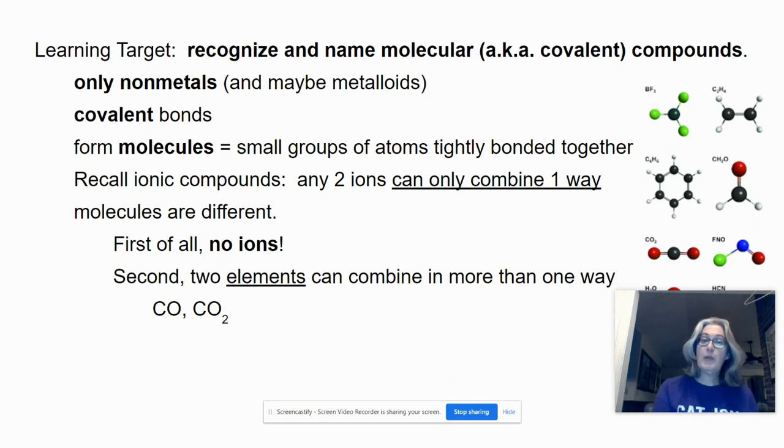And then when you take the ratio of the ratios, you get a simple number. What does that mean? That means one oxygen to one carbon, two oxygens to one carbon. That ratio is 2 to 1, simple whole number ratio.